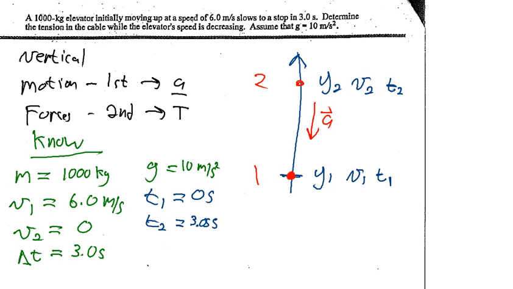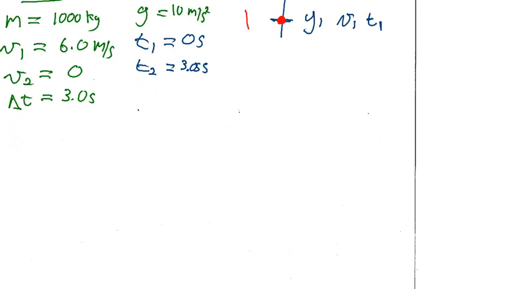Alright, so I think we've got enough information now to go ahead and solve the motion part of the problem, and we need to pick the kinematic equation that would be most useful. So since we know something about the time, it makes sense to use one of the 2 equations about the time, and we know a lot about the velocity, so the equation with the velocity and the acceleration and the time is probably the most useful.